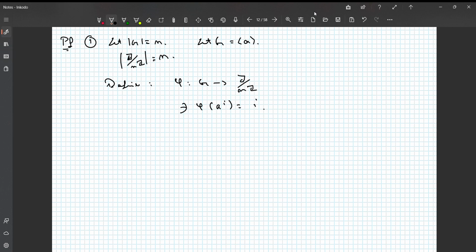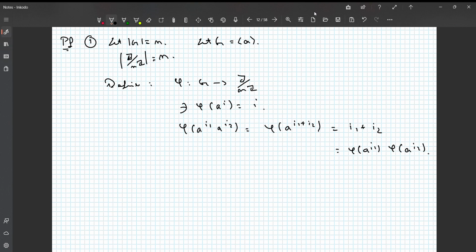So it's well defined. Now, is it a homomorphism? phi of a to the power i1 times a to the power i2 is nothing but phi of a to the power i1 plus i2. So this is equal to i1 plus i2, which is phi of a to the power i1 plus phi of a to the power i2.